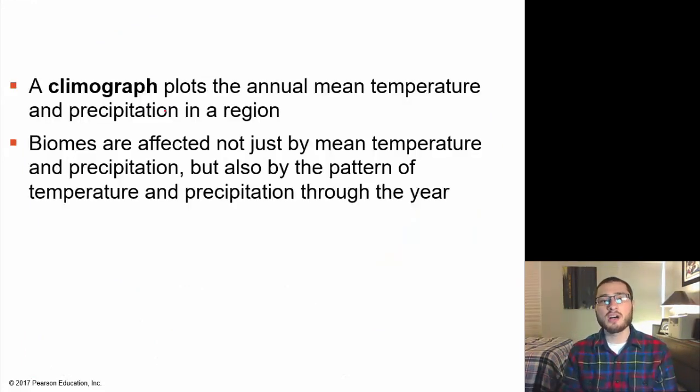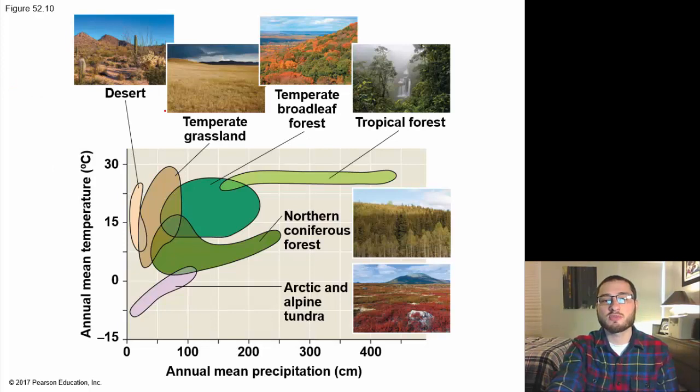A climograph plots the annual mean temperature and precipitation in a region, and biomes are affected not just by the average temperature and precipitation, but also by the patterns of temperature and precipitation throughout the year. So it's not necessarily just what the average is, but the ebb and flow, the peaks and the troughs of those temperatures and that precipitation.